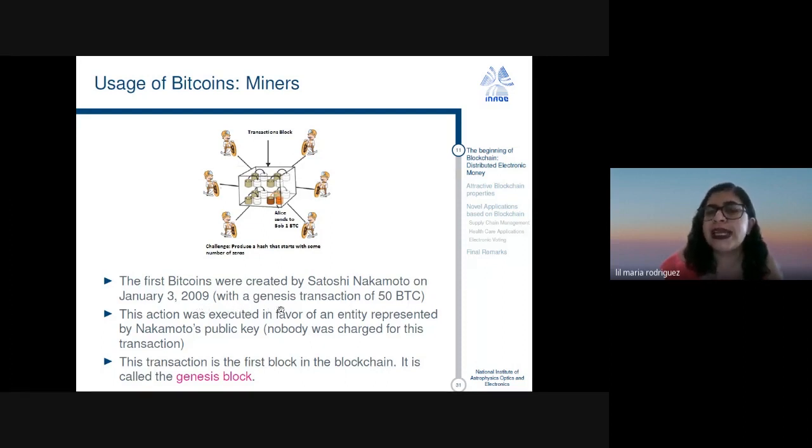This was the Genesis transaction with 50 BTC. This transaction was executed in favor of an entity represented by Nakamoto's public key. This transaction is the first block in the blockchain and is called the Genesis block. So the main idea is that after this block, we have many blocks where the transactions are stored, and these blocks are linked between them.